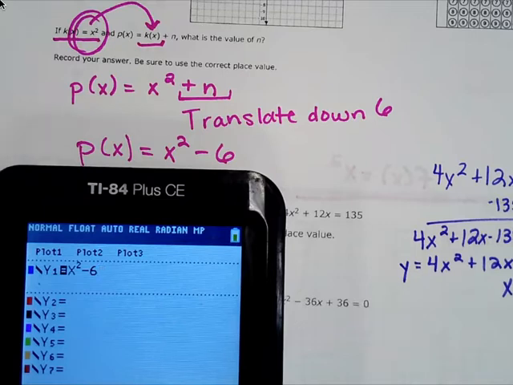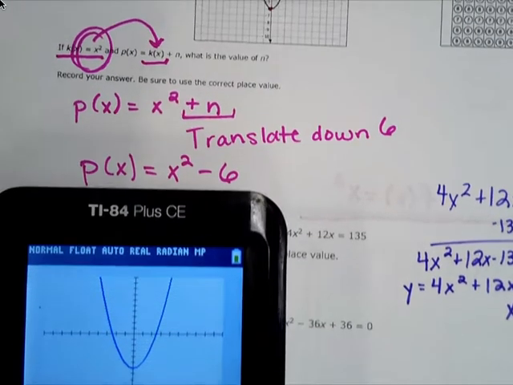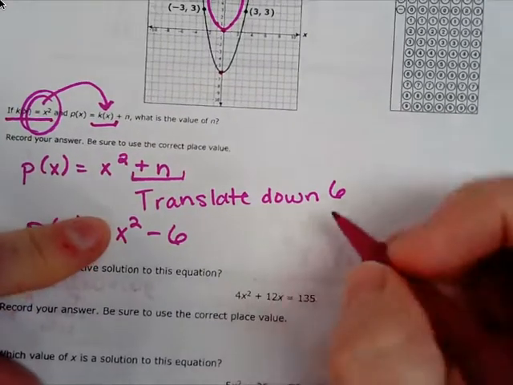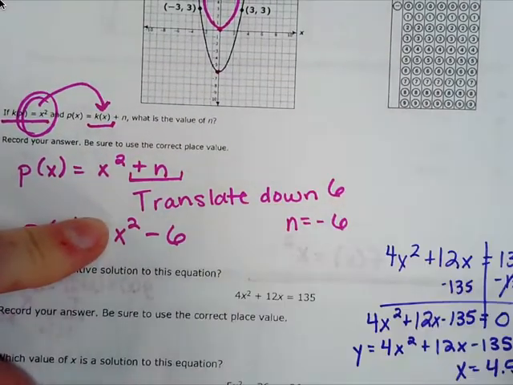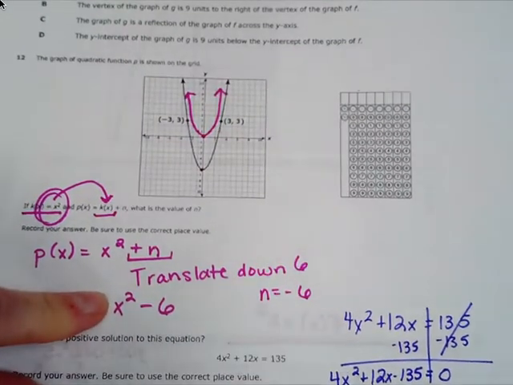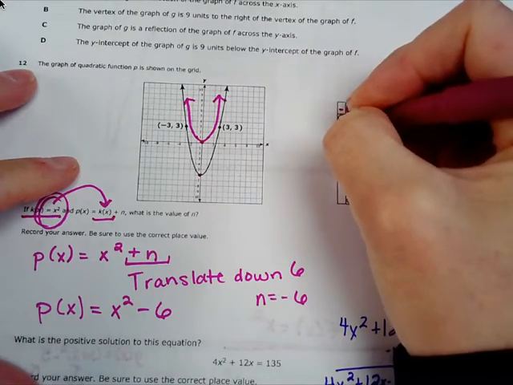X squared minus 6. Hit graph. Is that the same thing as what is graphed on our graph? Yep. So our n is negative 6. So we've got to put in negative 6 there.